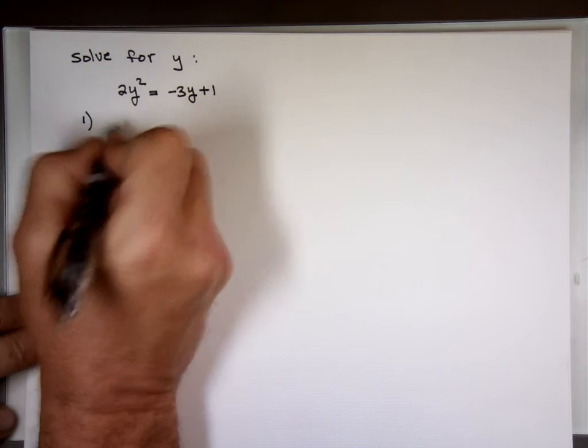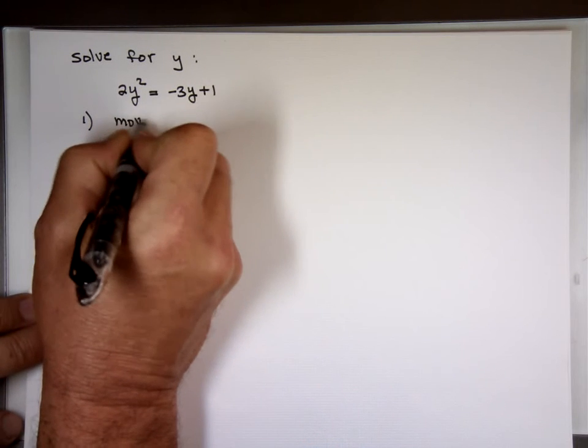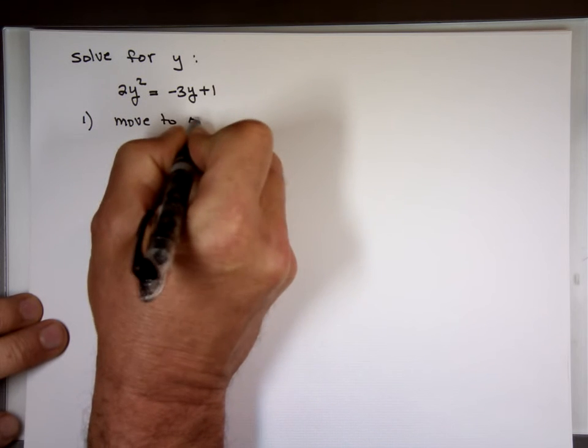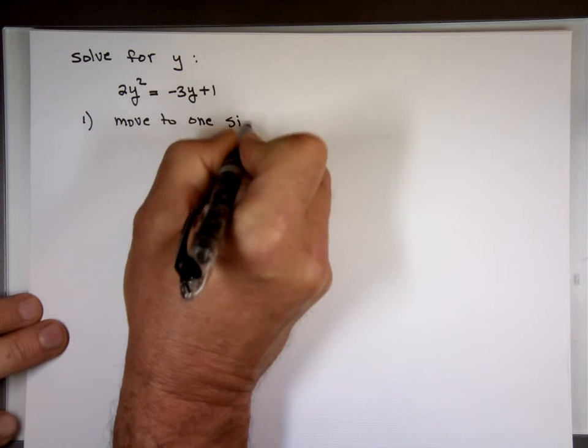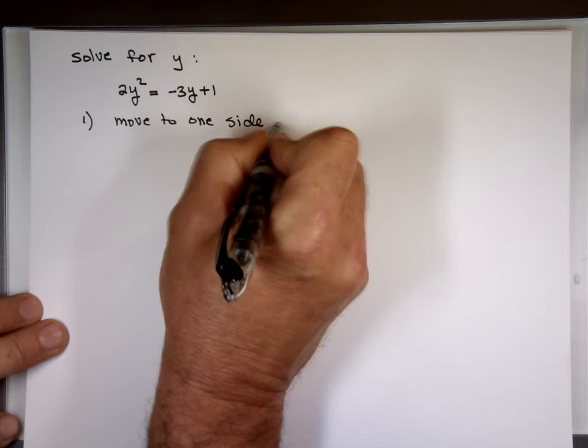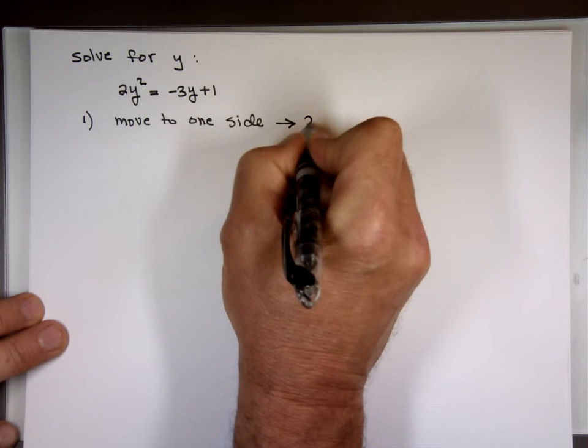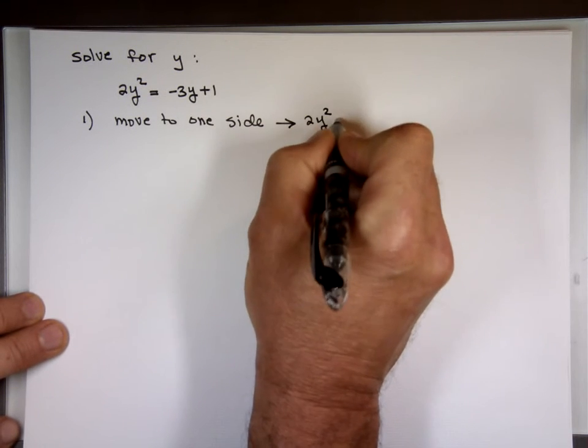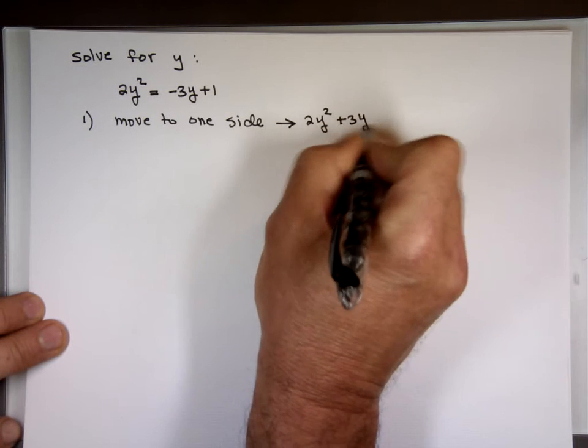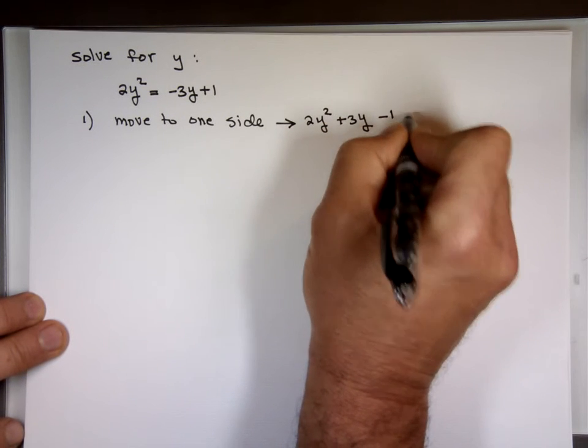Step number 1, move to one side. That'll give me 2y squared plus 3y minus 1 is equal to 0.